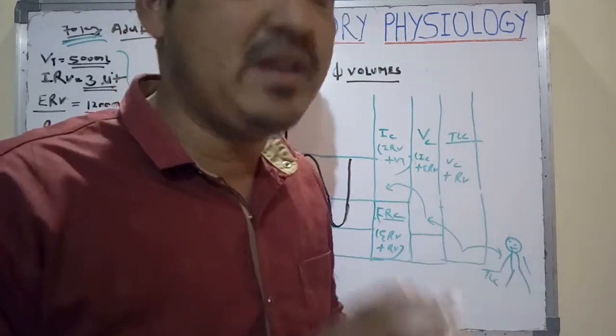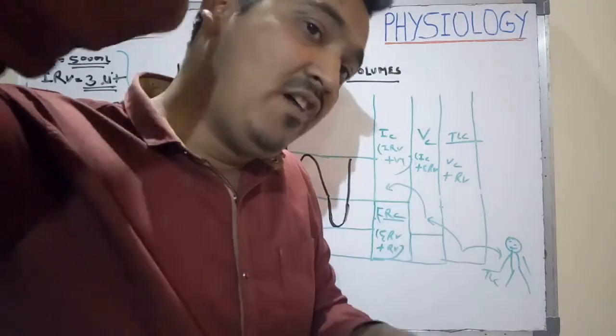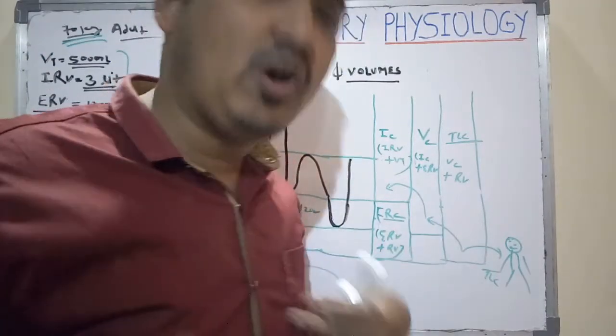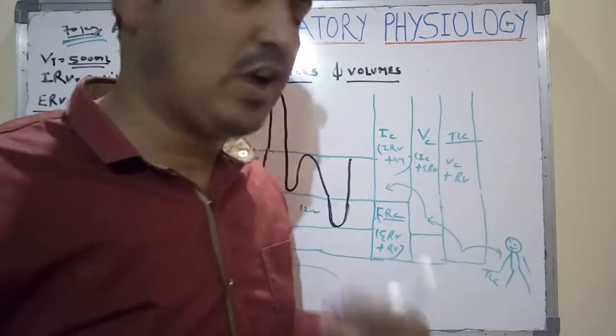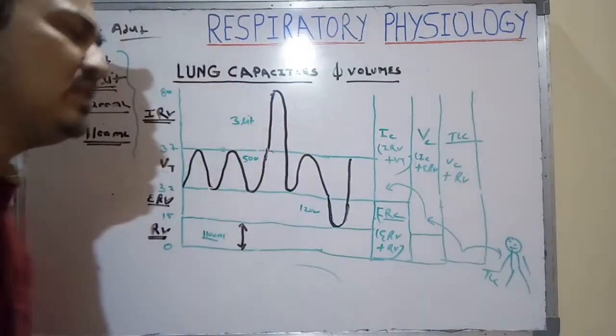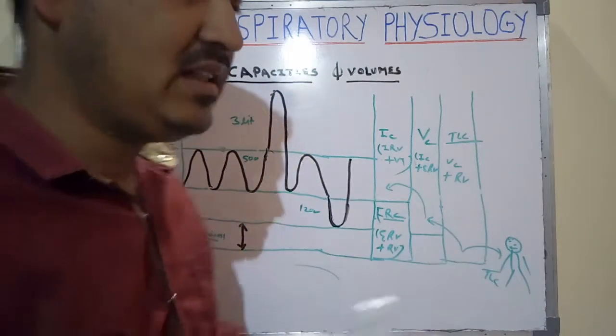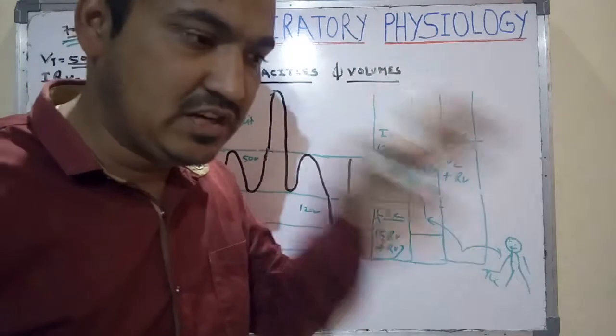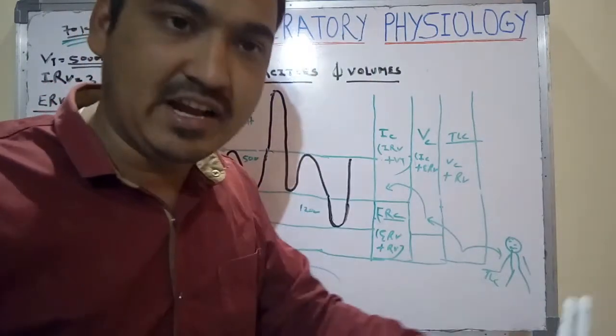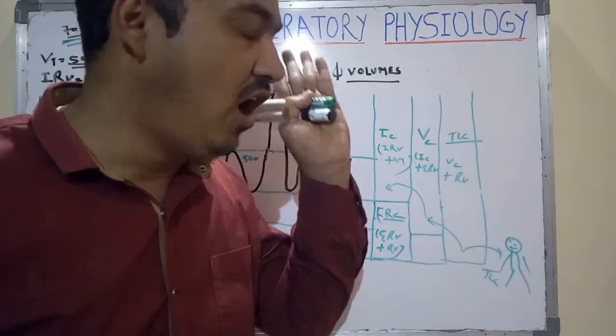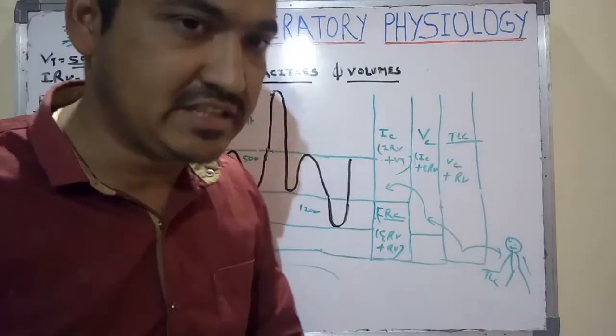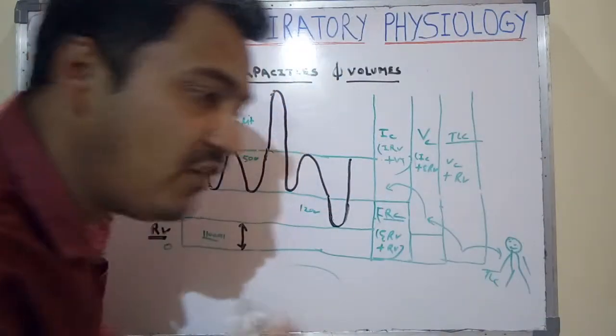That means there is a problem in the respiratory mechanism of the nervous system, or local physiology or pathology of muscles, ribs or diaphragm. So in this way, whether the problem is obstructive, restrictive, pressure related mechanical disease, or gaseous exchange disease, it can be understood from the volumes.